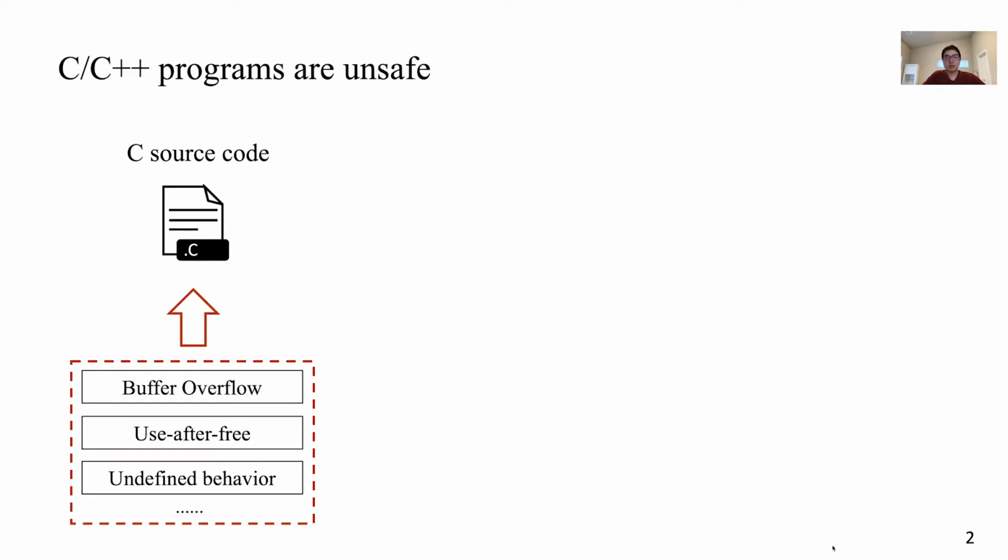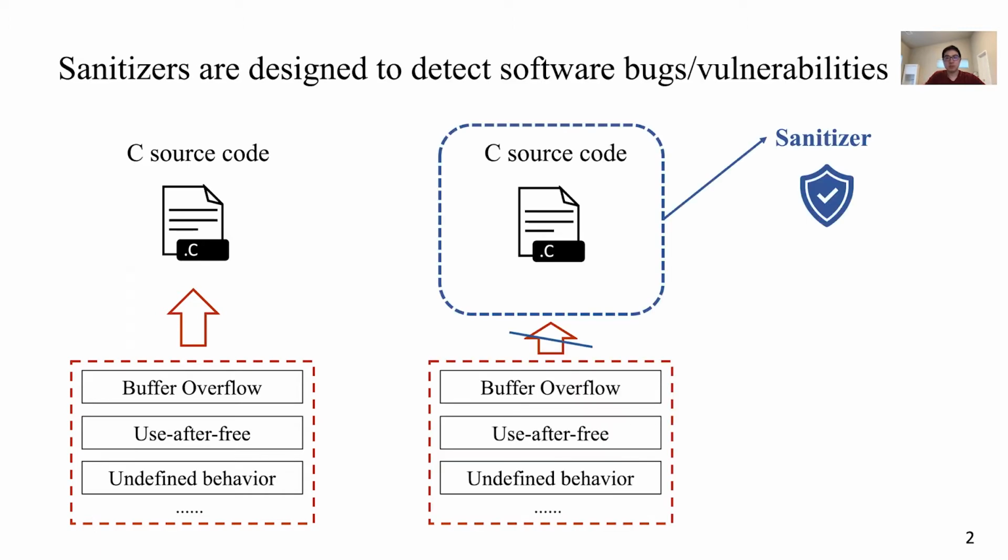As we know, C and C++ programs are unsafe, and they suffer from varieties of vulnerabilities like buffer overflow, use after free, and undefined behavior. To detect these software bugs and vulnerabilities, various sanitizers have been designed, such as AddressSanitizer and UndefinedBehaviorSanitizer.